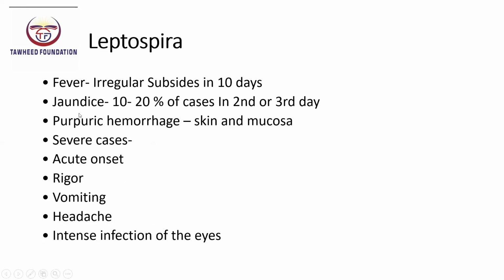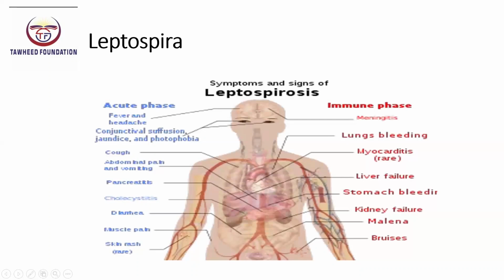These are the symptoms. Fever, irregular, subsides in 10 days. Jaundice, in 10 percent of cases, in second or third day. Purpuric hemorrhage, skin and mucosa. Severe cases include acute onset, rigor, vomiting, headache, intense infection of the eyes.